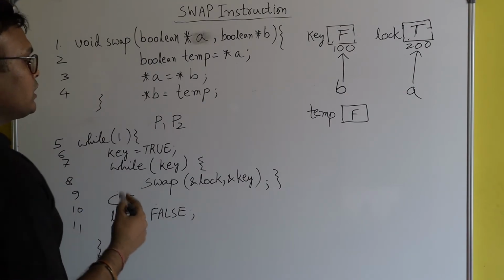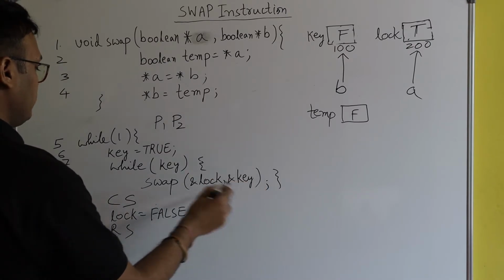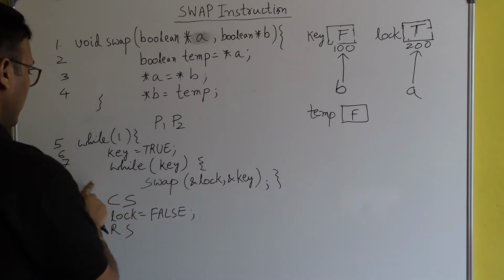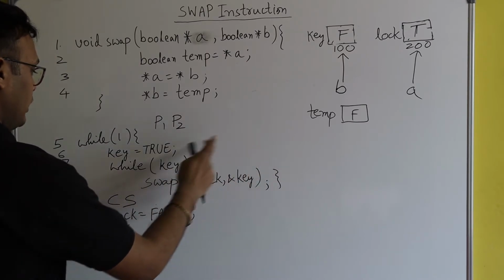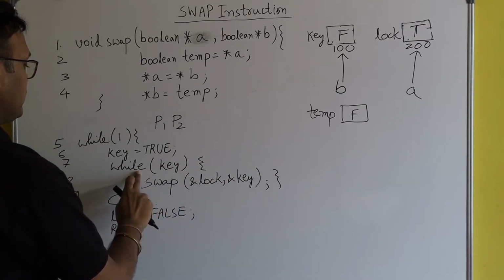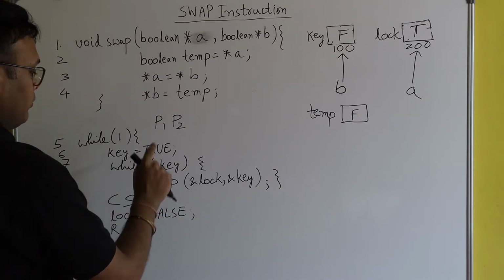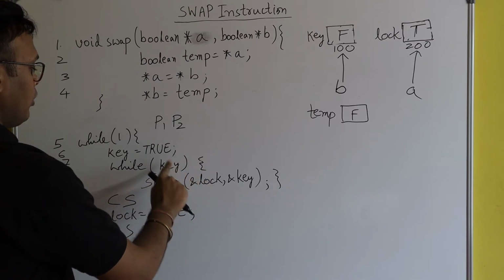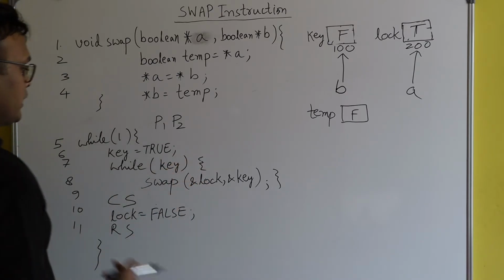If the condition is false, then the while loop will not run. So now P1 has executed line number 8. So now again it will come at line number 7, that is while, to check the condition. It will keep on checking unless there is a false.